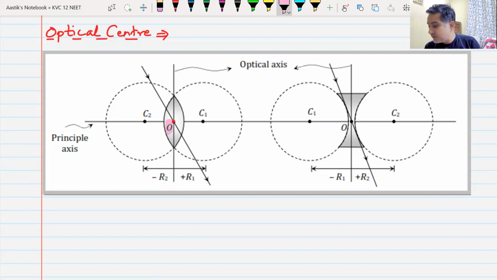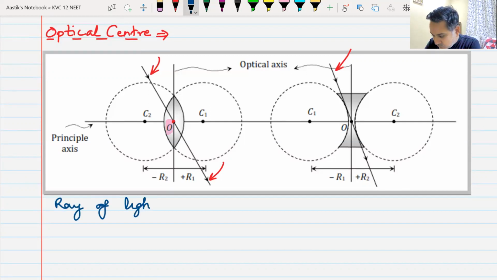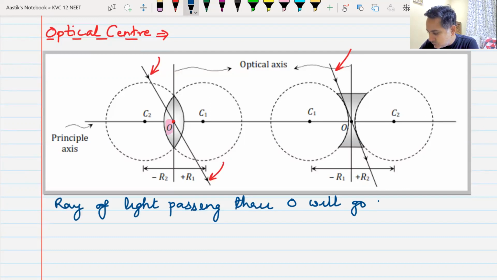And what is the property of this optical center? A ray of light which passes through this optical center. See, this is the ray of light which passes through this optical center. Whether you take it as a concave lens or a convex lens, a ray of light passing through optical center O will go undeviated.